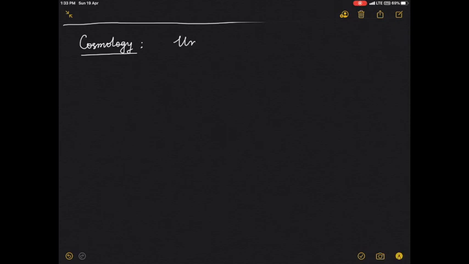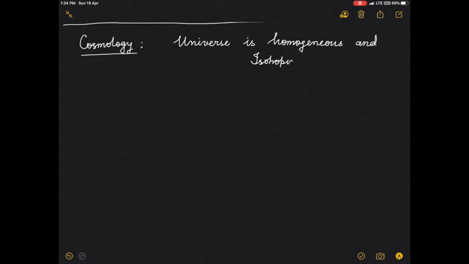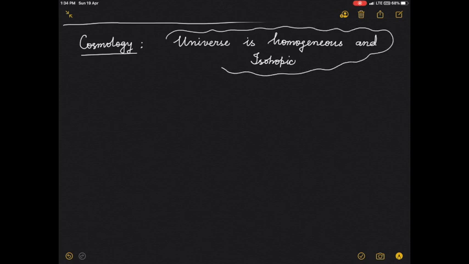They said that we should start by explaining the universe, assuming that the universe is homogeneous and isotropic. This is called the cosmological principle.